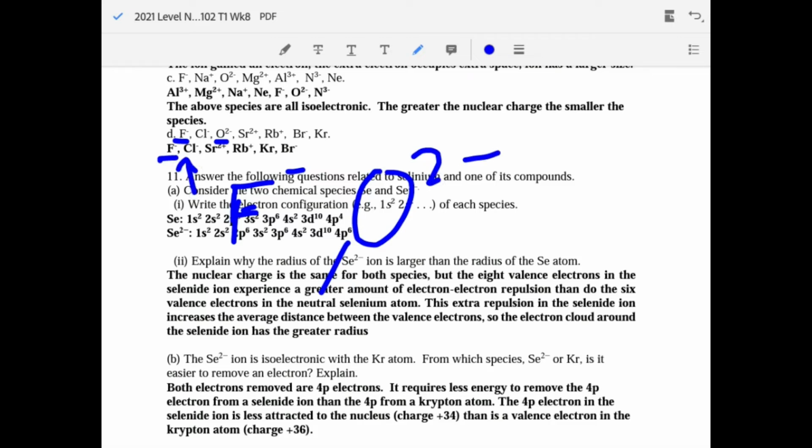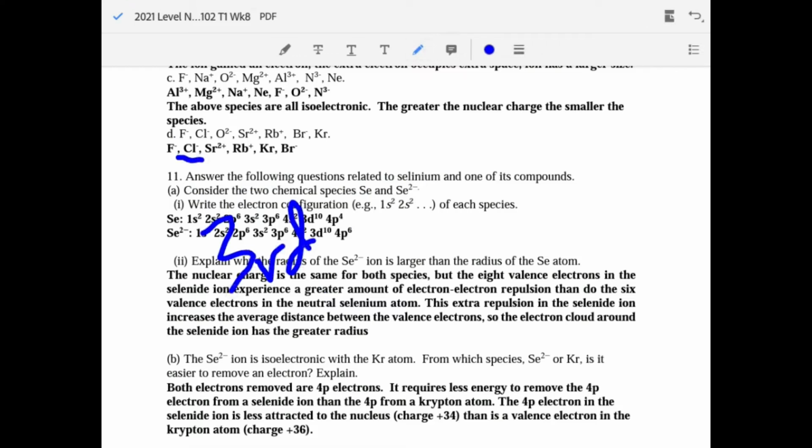Then O2 minus, the same period, but less nuclear charge, so it attracts the electrons less and they are more free to go outside and make the size of the ion bigger. Then Cl minus, because it's the third period, and the rest are all in period 4.